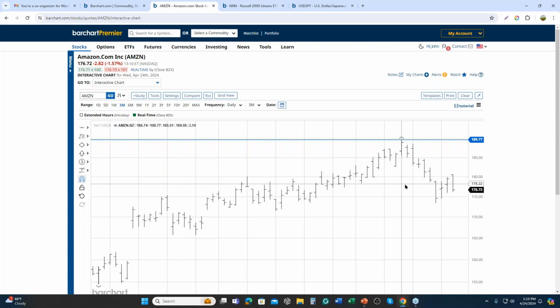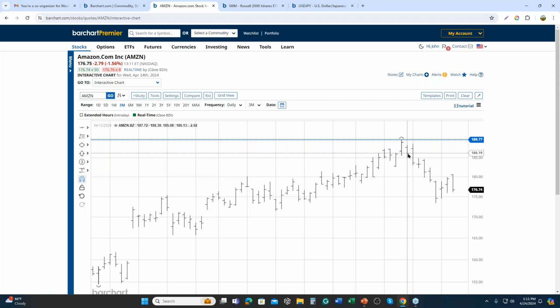Because I'm creating a supply or resistance zone, I'm going to look to find as many closes that I can connect, and maybe former lows, which now could be resistance, and new highs. So here's a lot of closes right in this zone. So maybe I could find a line, which we call the line of best fit. So we want to try to connect as many as possible.